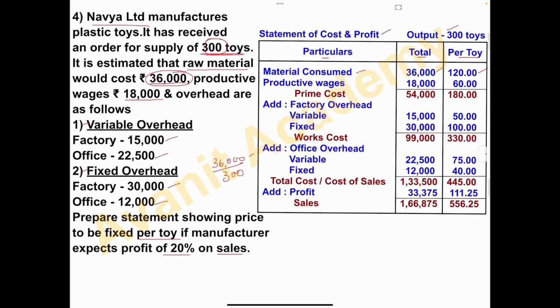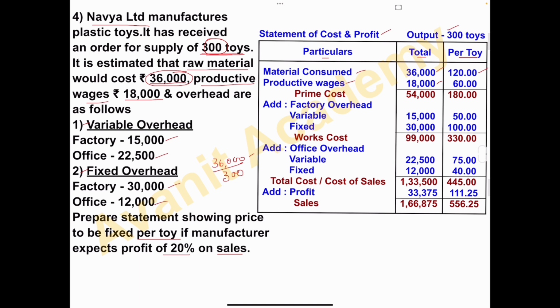Next, we have to take productive wages. Productive wages amount is 18,000. Write in total column 18,000. To get the productive wages per toy, 18,000 divided by 300, you will get the productive wages amount per toy.